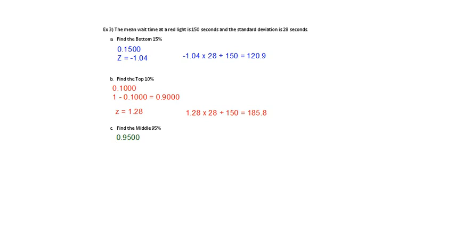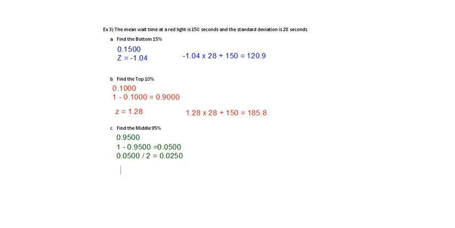So 1 minus 0.9500 is equal to 0.0500. Then 0.0500 divided by 2 is equal to 0.0250. The next step is to look up 0.0250 on our chart, or as close as you can.